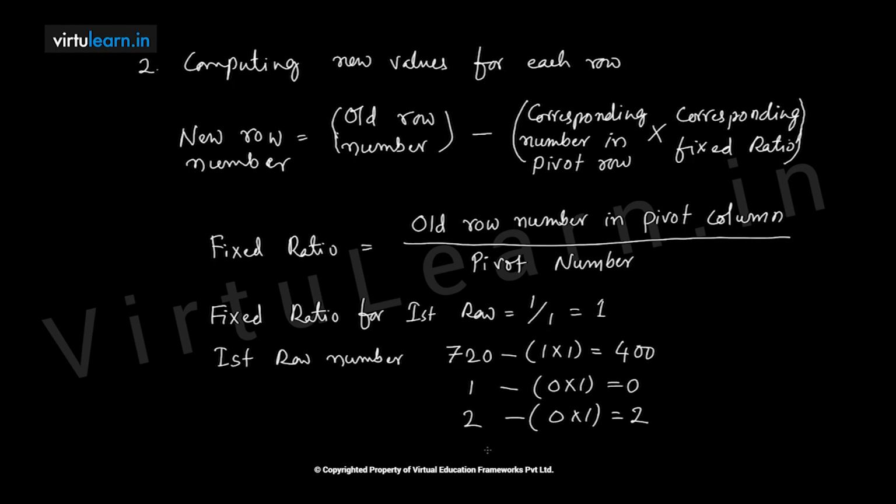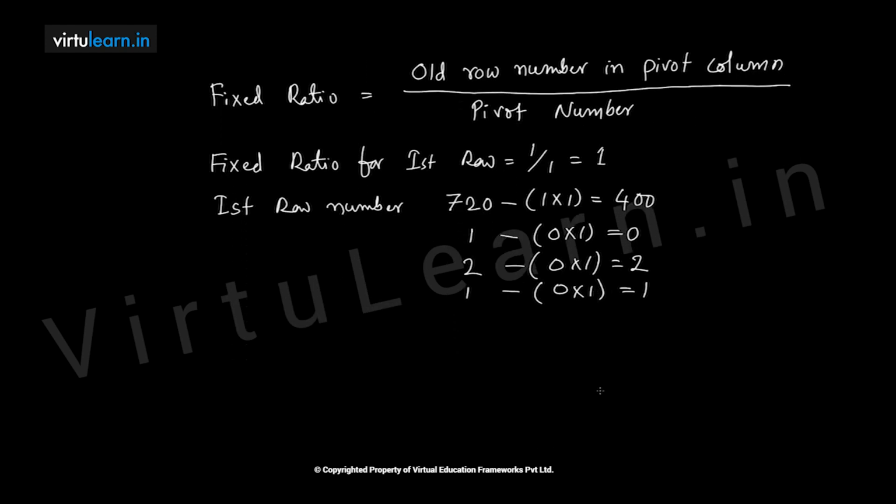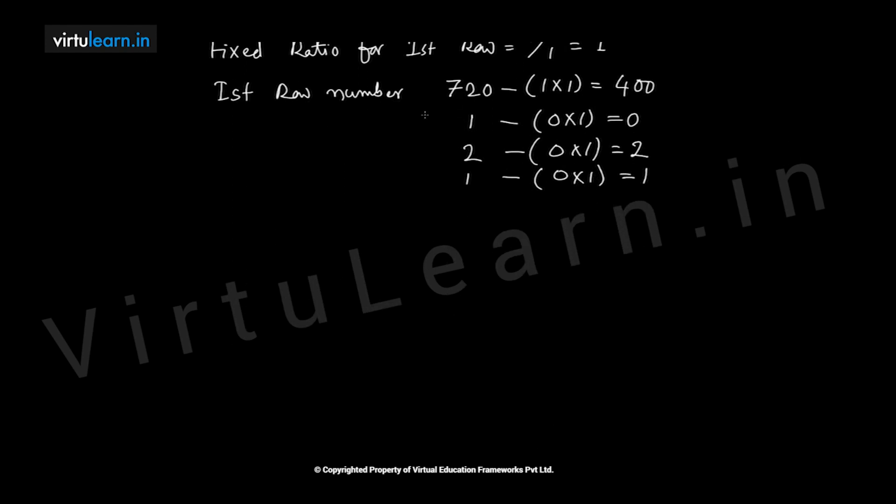Then 1 minus 0 into 1 is equal to 1. Then 0 minus 0 into 1 will give us 0.